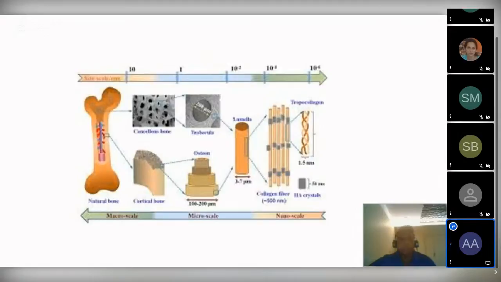Okay. This is some more diagrammatic representation I wanted to show you. This is a long bone. There's a cortical bone. The cortical bone's primary structural element is the osteon, which is formed by lamellae. Further, histologically, you see, this is what I was talking about.